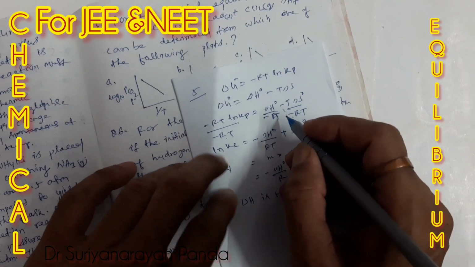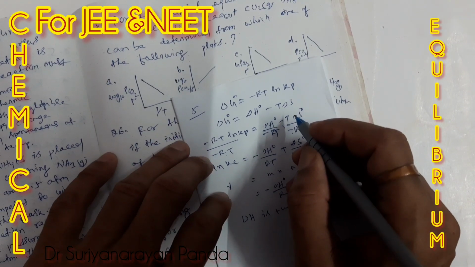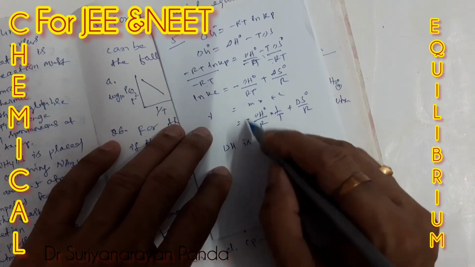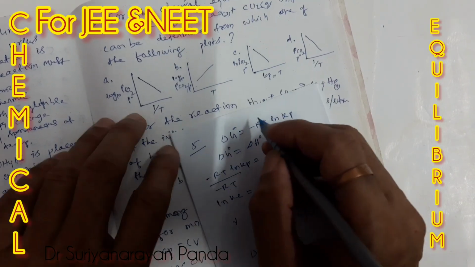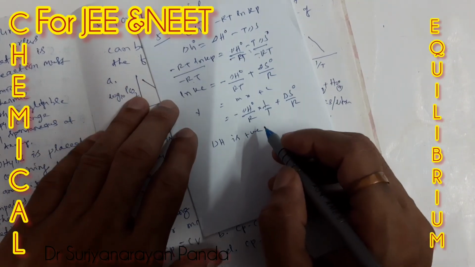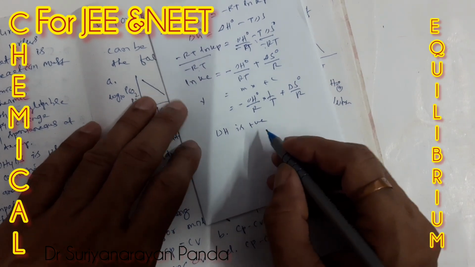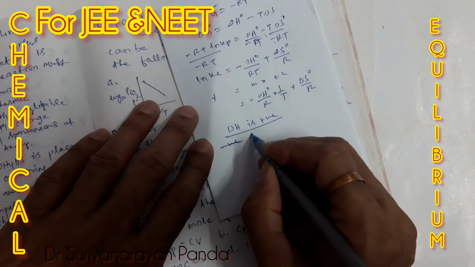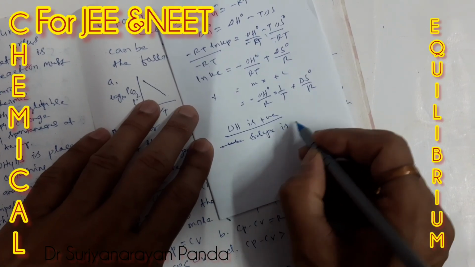And here delta H is multiplied with a negative sign, so the slope is negative. Delta H is positive but the slope is negative.